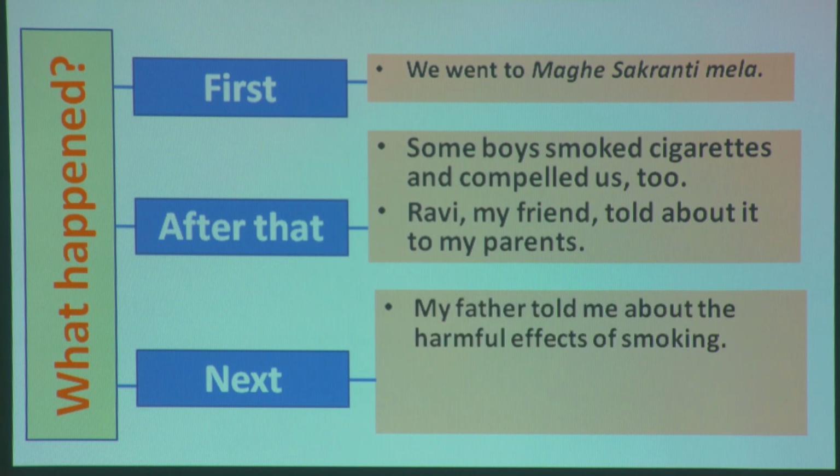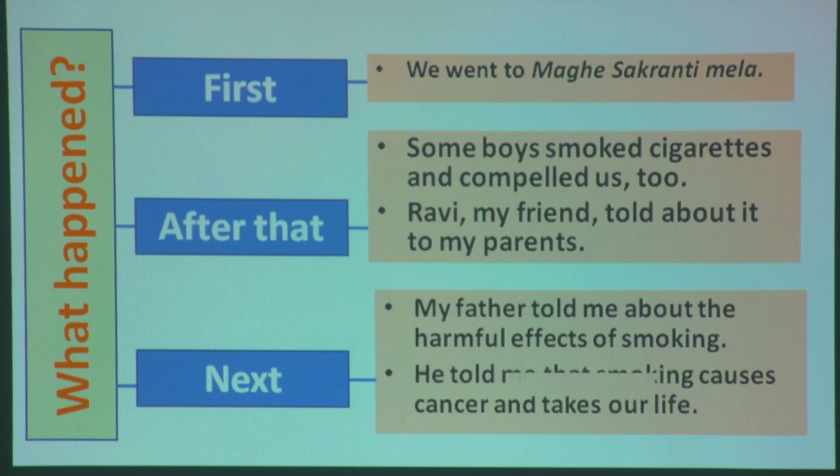My father told me about the harmful effects of smoking. Father tried to persuade, convince the son. He told me that smoking causes cancer and takes our life. So in this way, father tried to persuade, convince the son, giving up that bad habit.